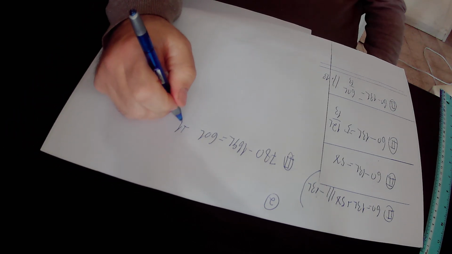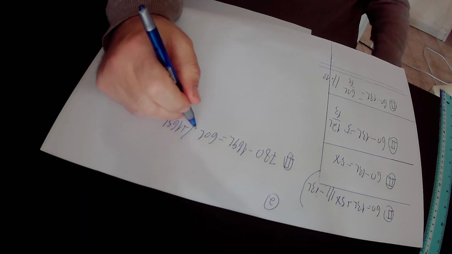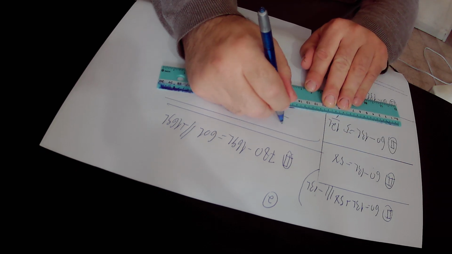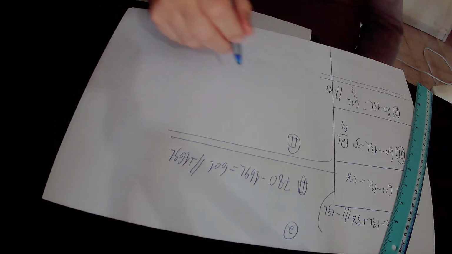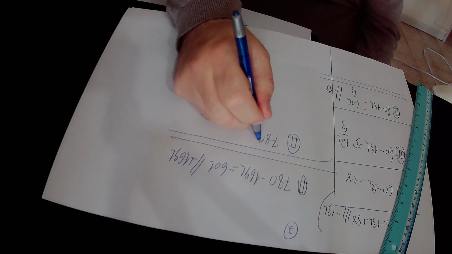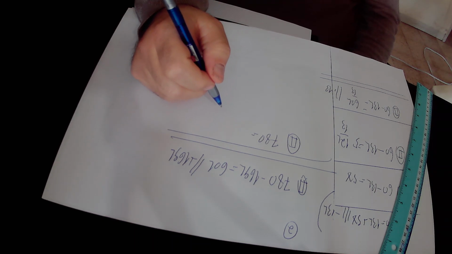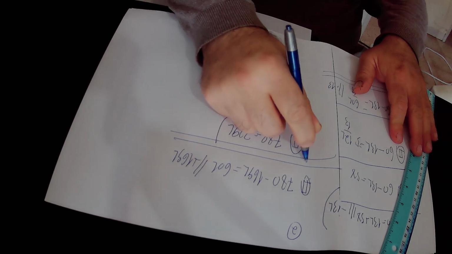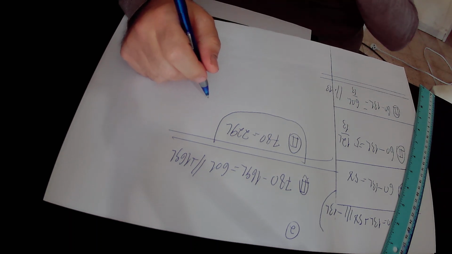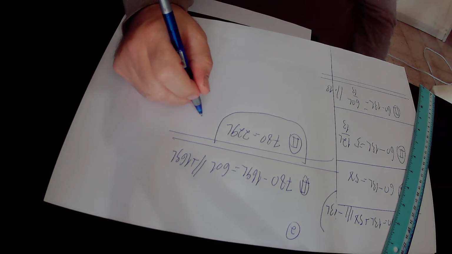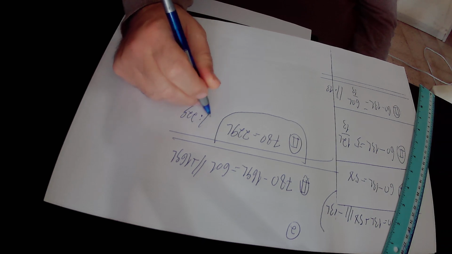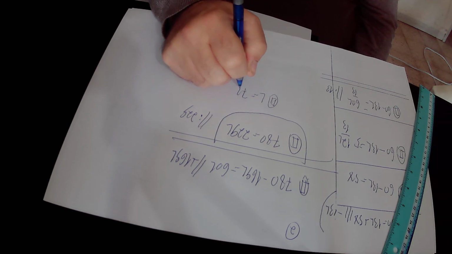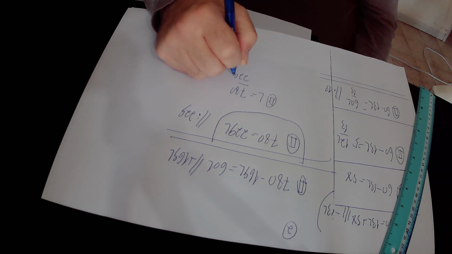Here we add 169L to this equation, and we get that 780 equals 60L plus 169L, which equals 229L. In conclusion, 780 equals 229L. Here we divide this equation by 229, and finally we get that L equals 780 over 229.